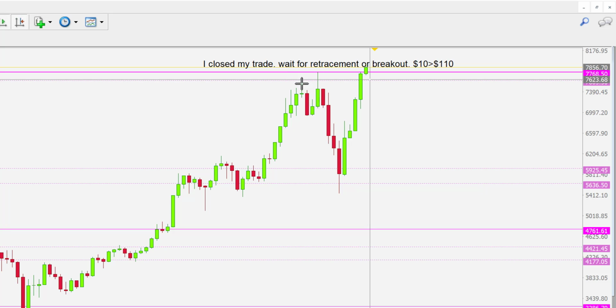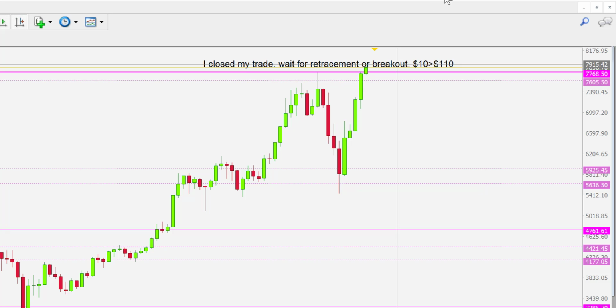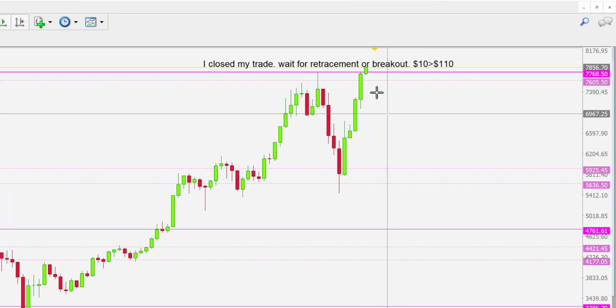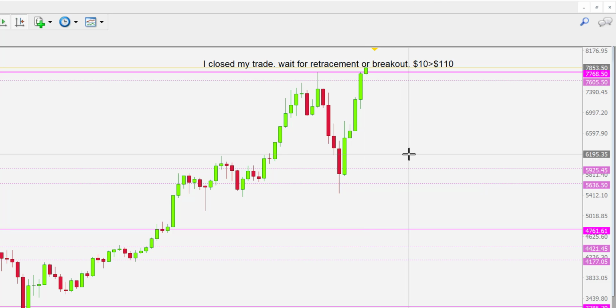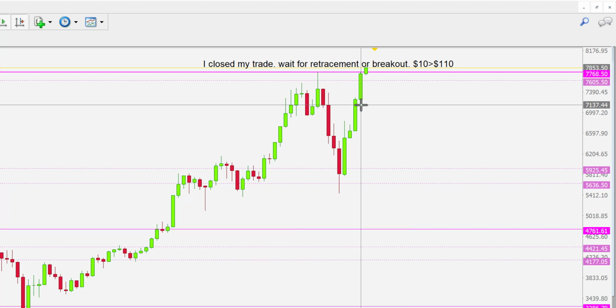It got around here, it got pushed back short term, and then hit it again, and boom, to the downside. So I will wait to see what price does here. If it breaks, retraces, I'm back in. If it reverses, I'm on short on that as well.